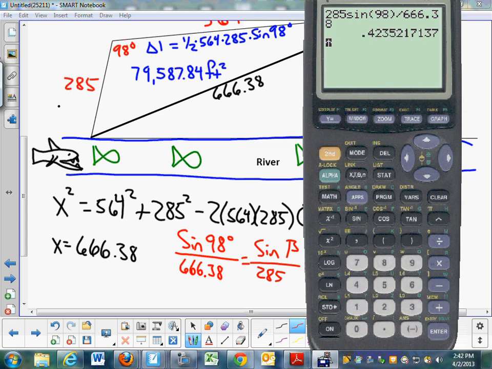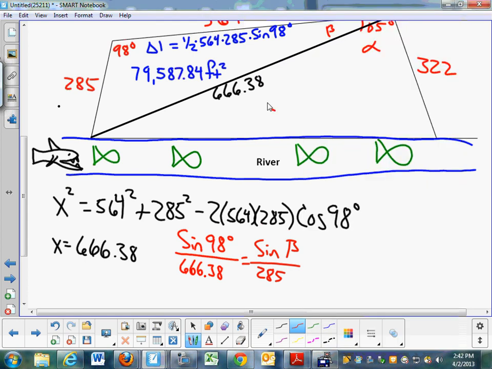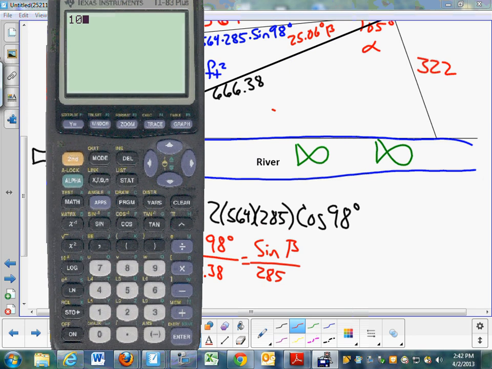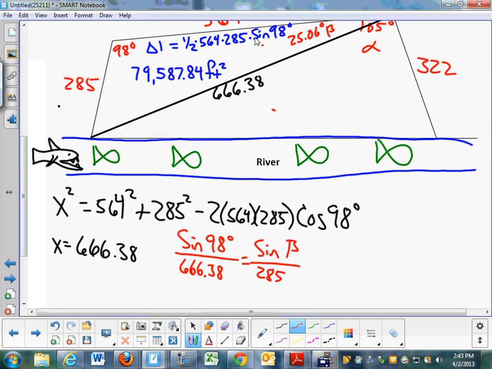Enter. Sine inverse of your answer, and I get 25.06. Everybody good? Now what? Subtract it from 105. So I'm going to subtract that from 105. 79.94.